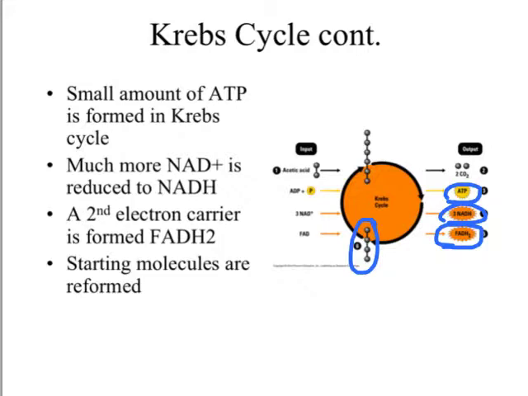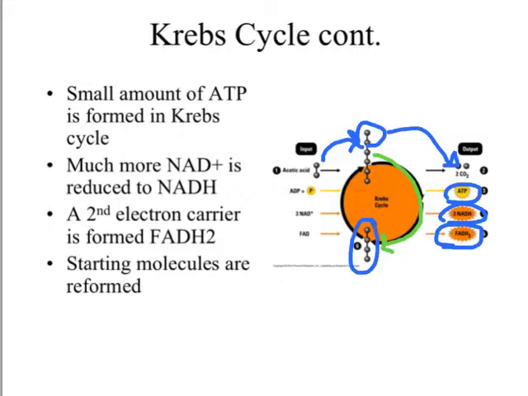So each acetic acid is joined to that 4-carbon chain to make the 6-carbon citric acid, and then 2 of those carbons are taken off to form the carbon dioxide, and then the rest of the chain is recycled all the time. It will join another acetic acid that's been broken down from pyruvate, and this whole thing just cycles over again.